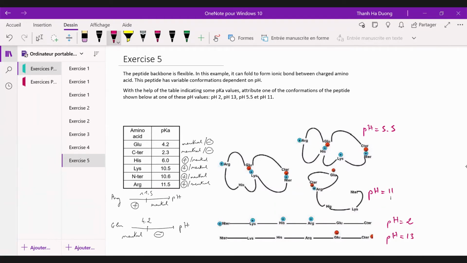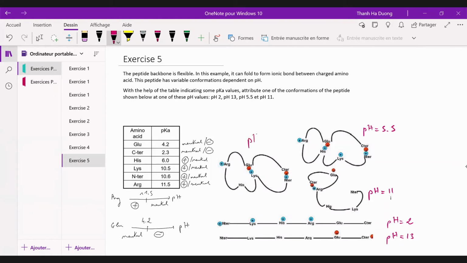In the last case, you have to determine the pH in which histidine is neutral, so higher than 6, and all the others are charged, so lower than 10.5.